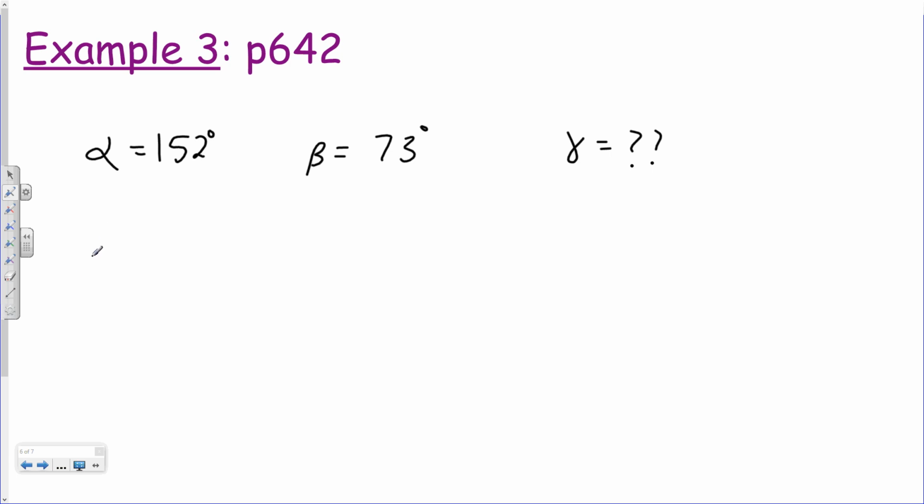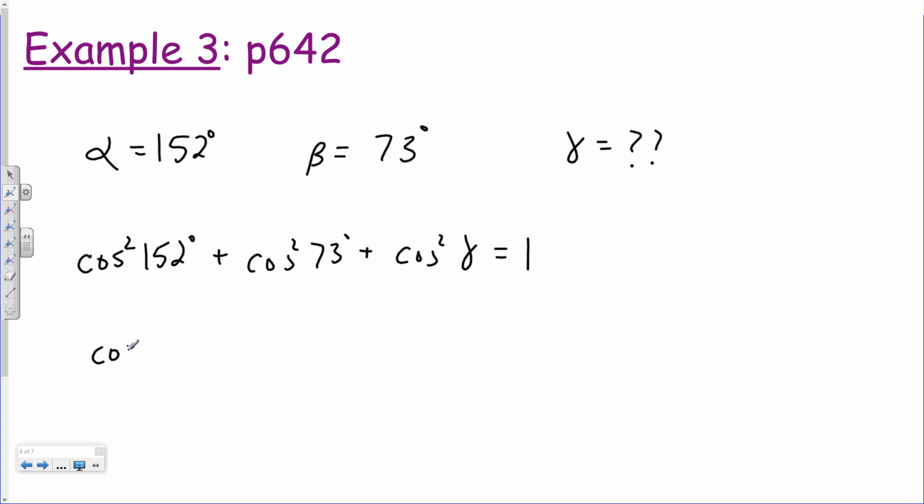So I can take the cosine squared of 152 degrees, add that to the cosine squared of 73 degrees, and add that to the cosine squared of gamma, the quantity we're looking for, and set that equal to 1. So I only have one unknown in here, which is gamma. So let's solve for that.